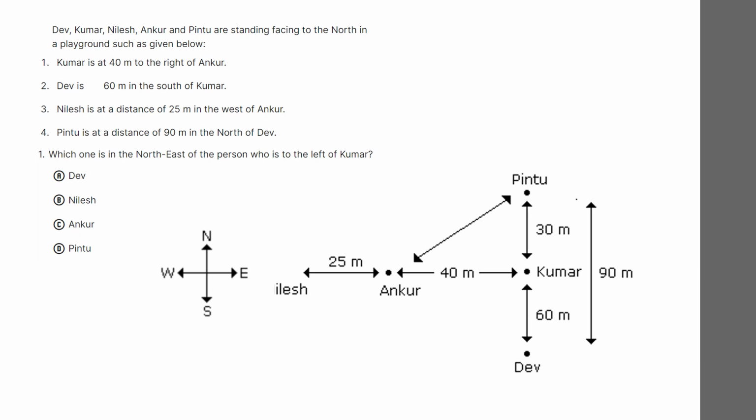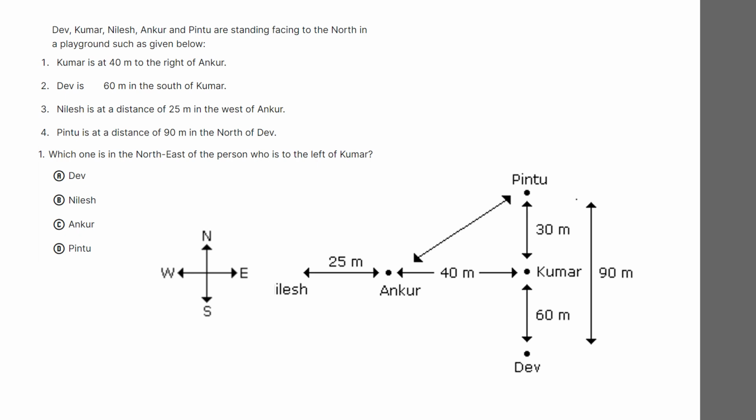Yes, now we can see here left of Kumar. If we are not able to solve the problem from the starting of the sentence, better you think from the back side of the sentence and try to get some constant clues. Okay. So now which one is in the northeast? So now northeast is the direction between north and east. Yes. So focus on the northeast direction.